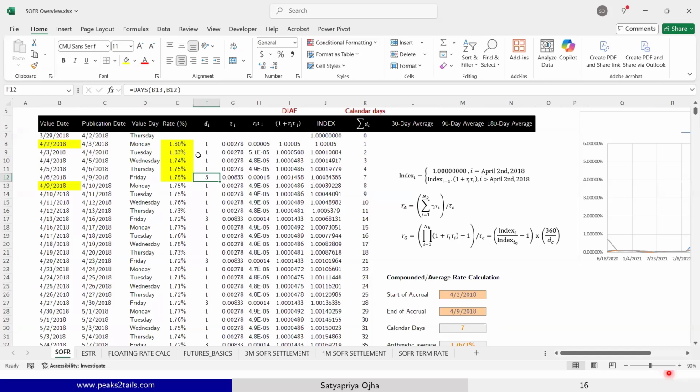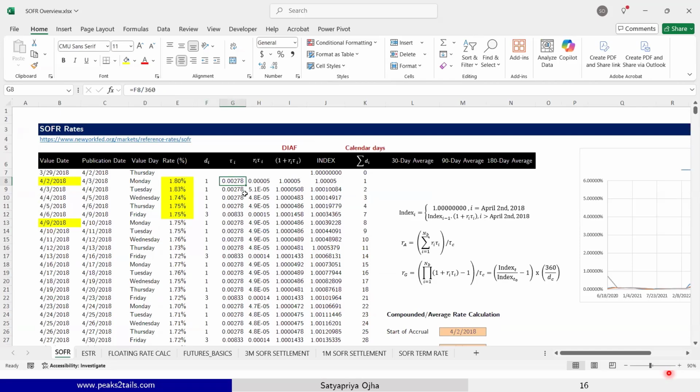The first step is to calculate the year fraction. The year fraction is simply actual divided by 360, so d divided by 360 is your year fraction. For Friday, it will be different, 3 divided by 360. Then what I want to calculate is 1 plus r times d by 360, or r times tau, where tau is the year fraction.